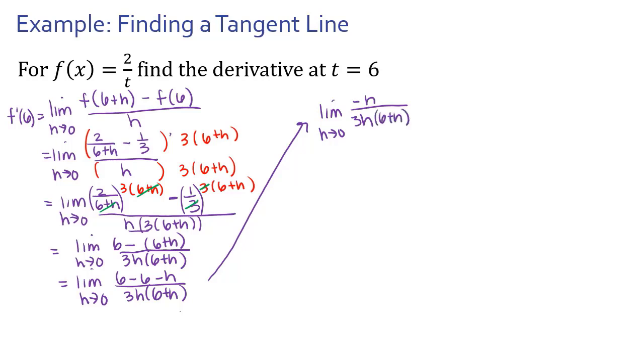So now these are going to cancel, and I'm left with the limit as h approaches 0 of negative 1 over 3 times 6 plus h. And now I can actually substitute 0 in for h. So I get negative 1 over 3 times 6 plus 0, which is going to give me negative 1 over 18.